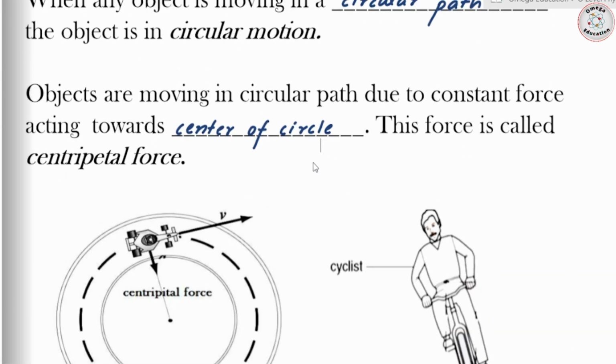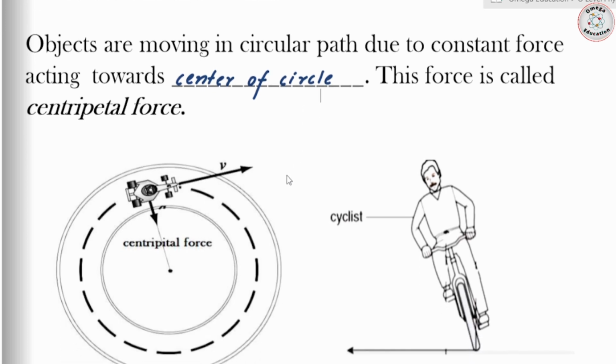So the force that acts during circular motion is called centripetal force, and the direction of that force, once again, is towards the center of the circle. An example is a NASCAR or race car moving in a circular path. What is the direction of the resultant force?